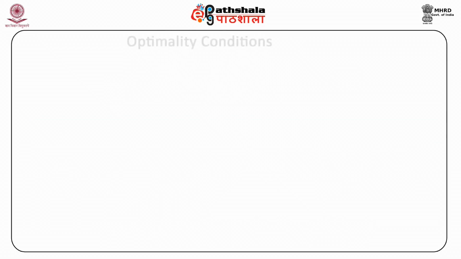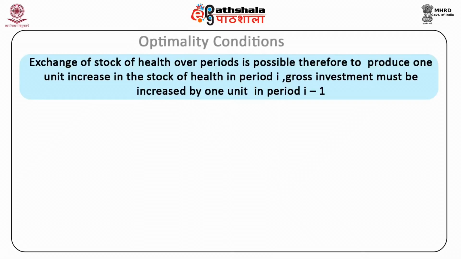The important observations from the above results are: exchange of stock of health over periods is possible, therefore, to produce 1 unit increase in the stock of health in period i, gross investment must be increased by 1 unit in period i minus 1.